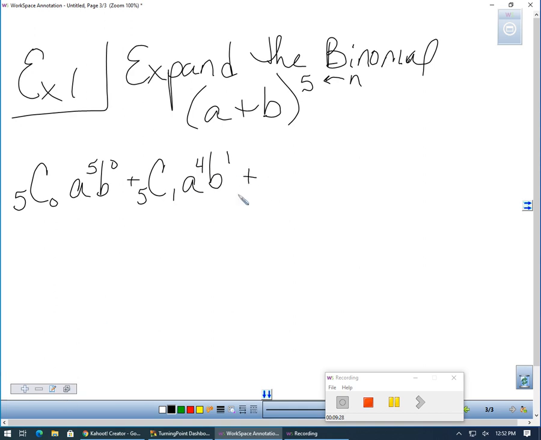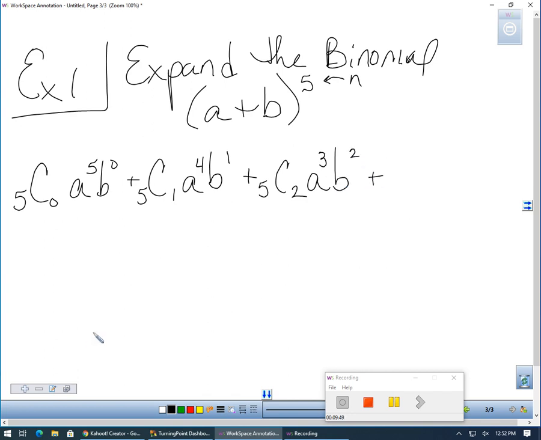Plus, this is now the third one, so I have 5 choose 2. It's a third term. If you look at the difference between my n and my r, it's 3. It's a third term. So I have 5 choose 2. A goes down 1, b goes up 1.